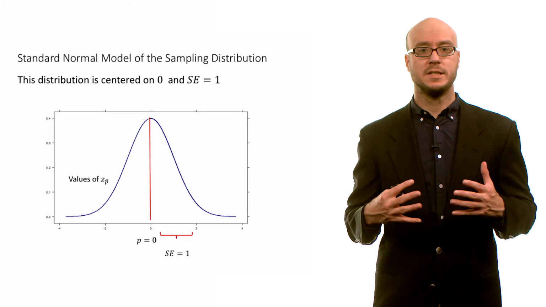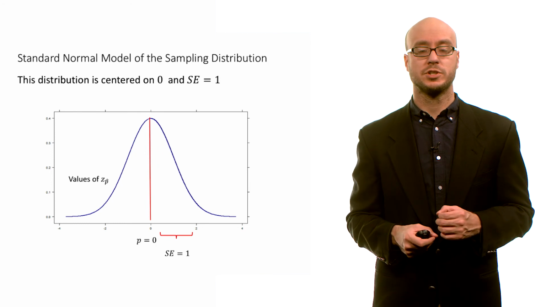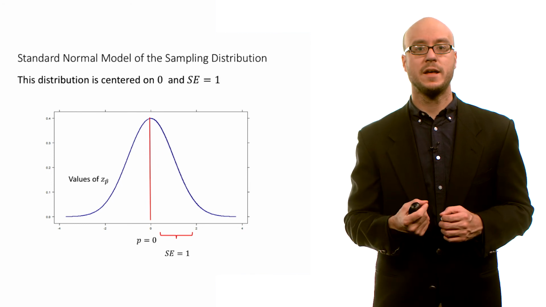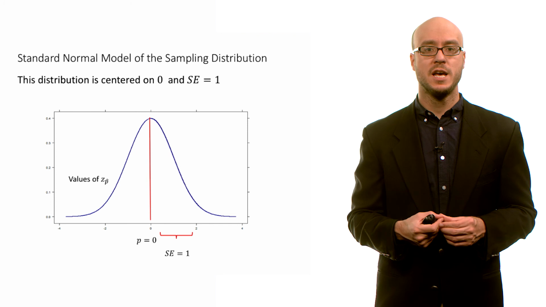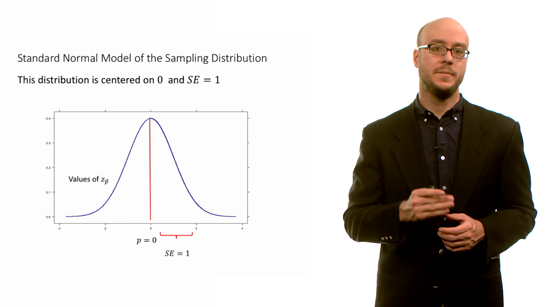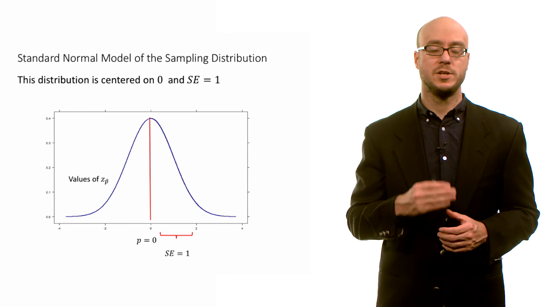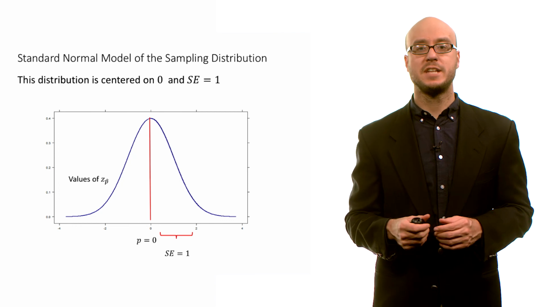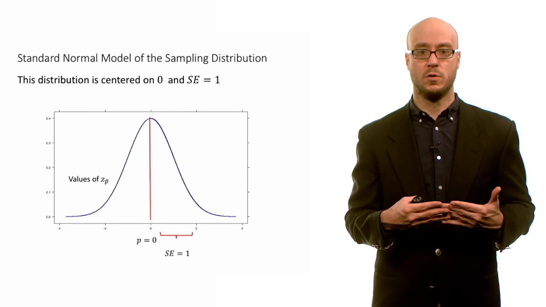We can also calculate a standard normal model of the sampling distribution. We just recenter our values for these sample proportions. In this instance, for the standard normal model, the distribution will be centered on 0, and the standard error will be 1, just like before. With that, you can gain an understanding of the fact that we use the standard normal model, or the normal model, to model the sampling distribution for the sample proportion with a particular standard error.